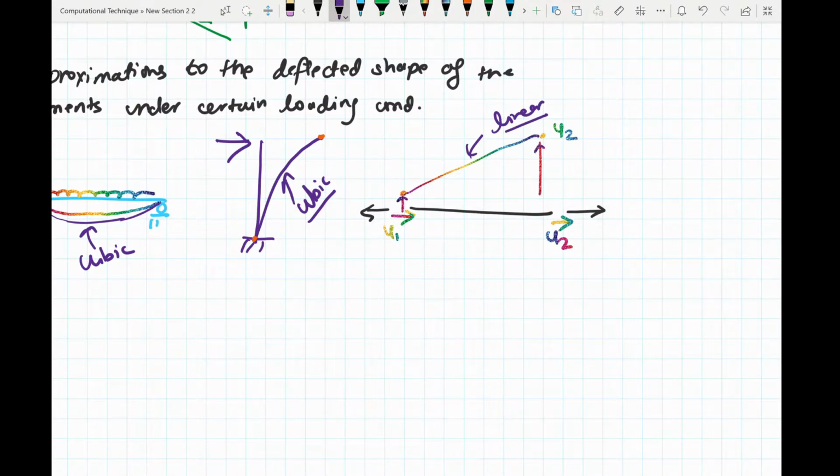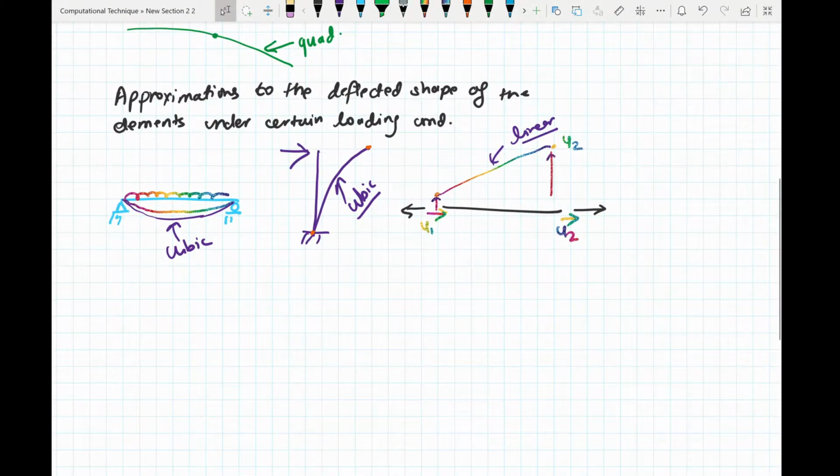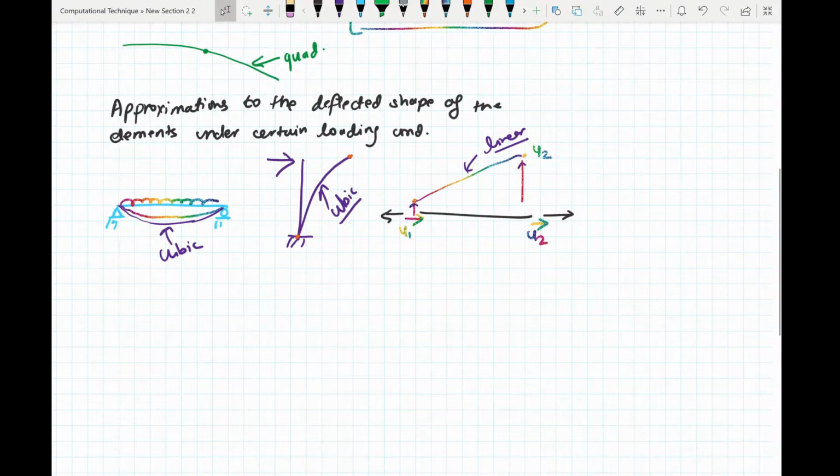So therefore, these shape functions come in very handy when we want to approximate a solution at a certain location in a beam or a bar element. Now the accuracy and the complexity of the solution depends upon the assumed shape function.